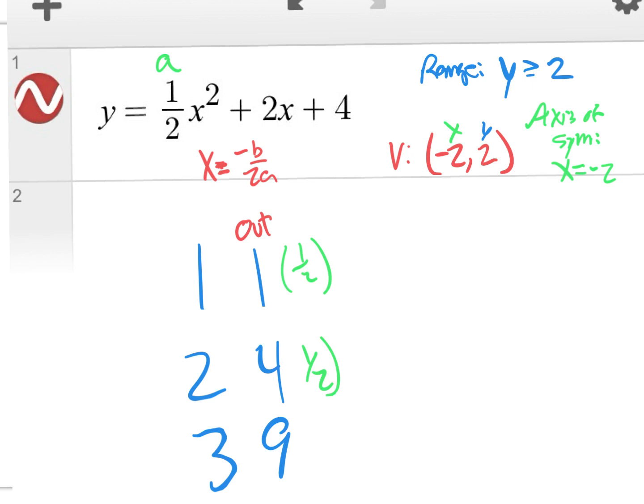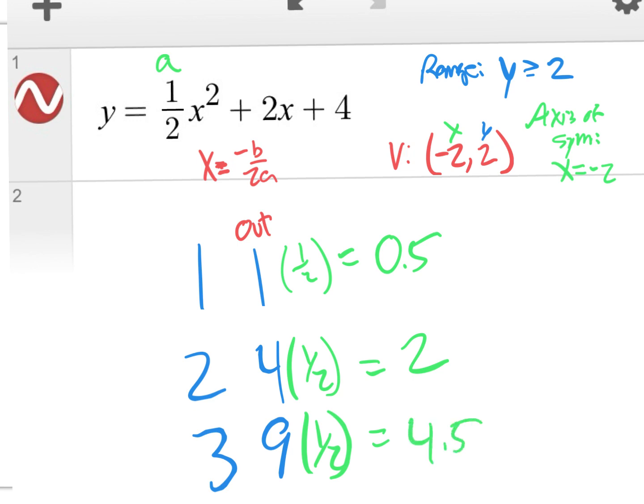So instead of 1 over, 1 up, it's going to be 1 over with the new output of 0.5 up, or halfway up. Instead of 2 over from the vertex and 4 up, it's going to be 2 over and 2 up. Instead of 3 over and 9 up from the vertex, it's going to be 3 over and 4.5 up.